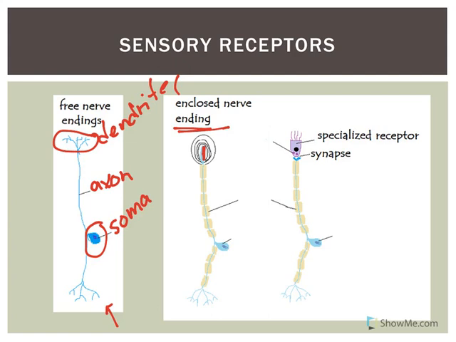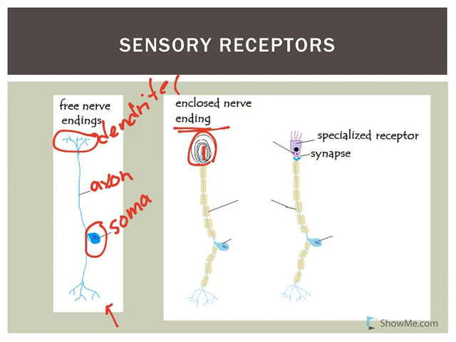Now the enclosed nerve endings are different in that they're encapsulated. You have a connective tissue capsule, and an advantage of having that is it enhances their sensitivity, or how selective they are.